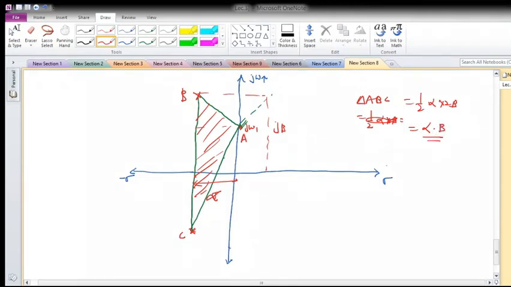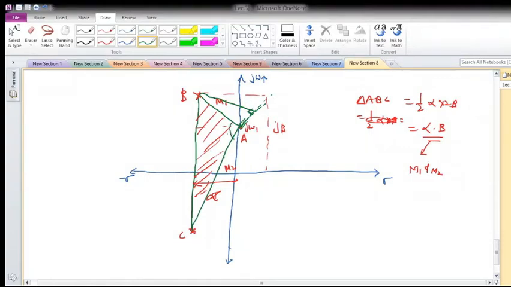Now what next? I would like to express this triangle ABC in terms of M1 and M2. Suppose this is my M1 and this is my M2. Let me express this. To obtain it, let me extend this M2 line here. Let me draw the perpendicular here, so this will become 90 degrees.